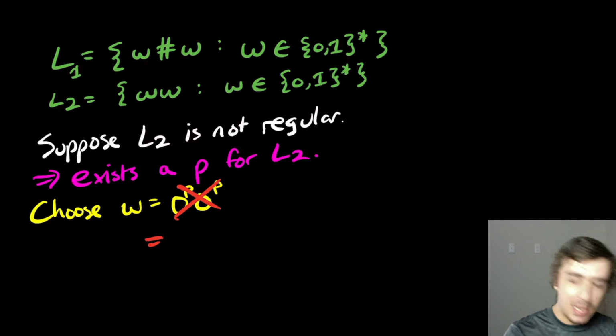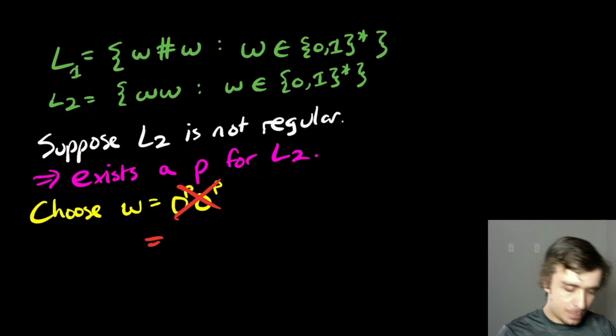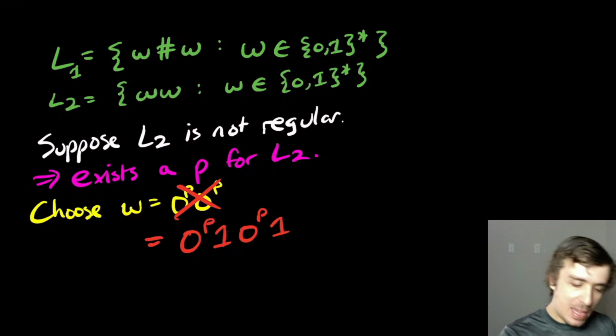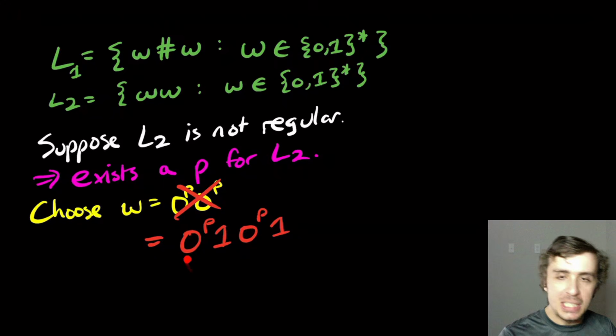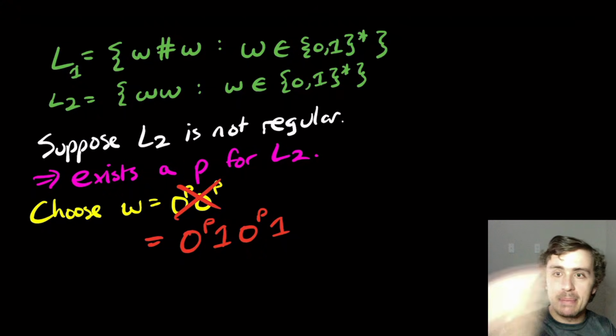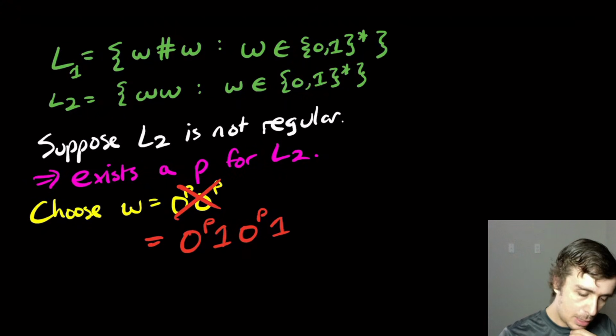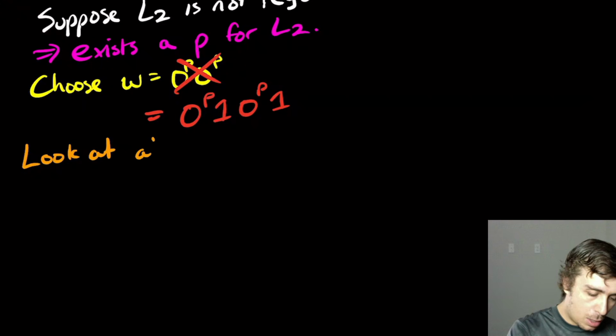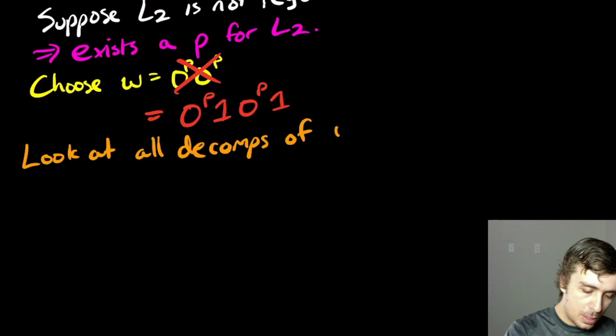Instead, let's have some ones mixed in. If I have 0 to the p 1, 0 to the p 1, then these two sets of zeros are separated from each other, and that causes some problems with trying to keep the same number on both halves. So let's try to work with this. We need to look at all decompositions of w.